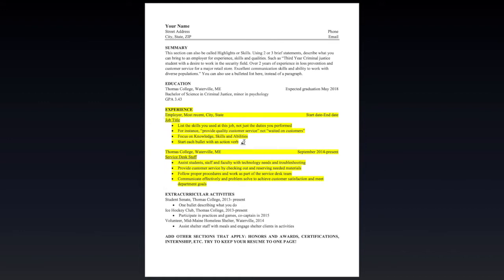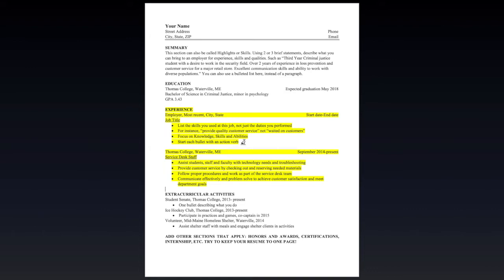There's more than one way to list what you did underneath your job. I like bullets, but that's not the only way to do it. The reason why I do like bullets is because it makes things faster to scan for the employer. And when an employer only spends an average of 6 seconds looking at your resume, we want to make sure that they can find what they're looking for.